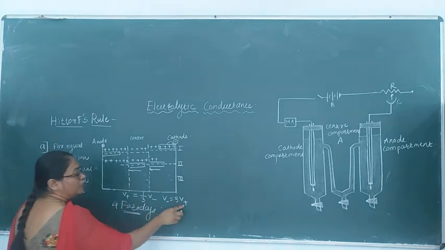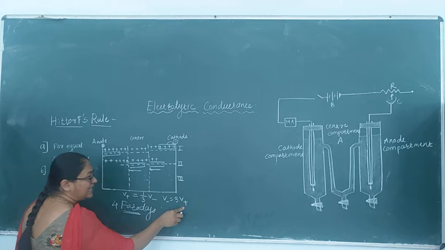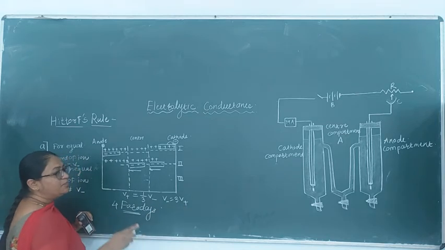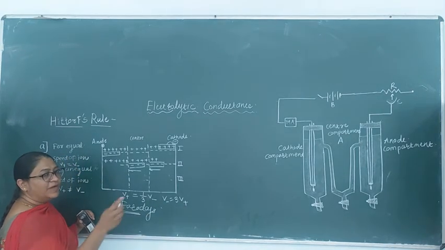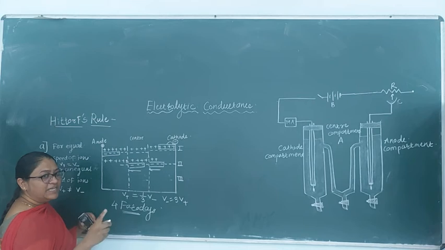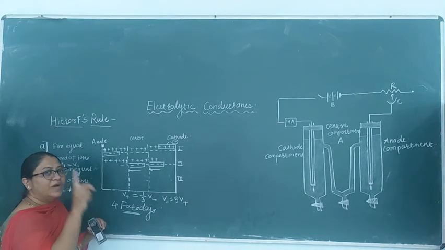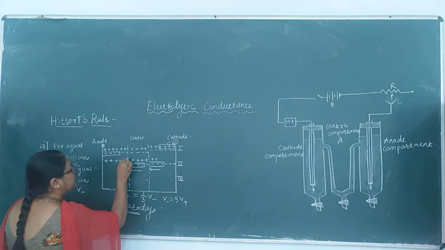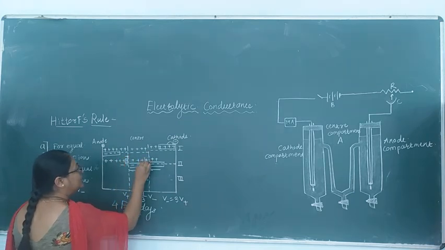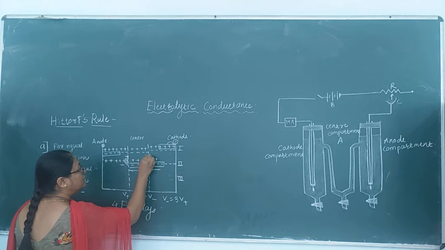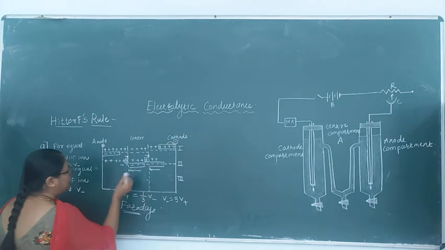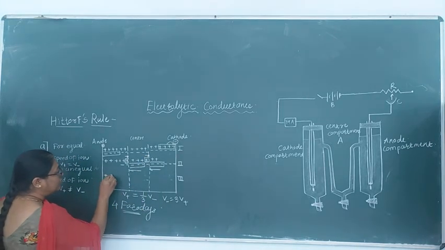While V plus, that means the cation, is having a speed 1/3 of V minus. That means it will contribute only 1 equivalent of electricity. Hence, 1 cation will move to the center first, and from center it will move to the cathode. Therefore, let's see what is the situation.